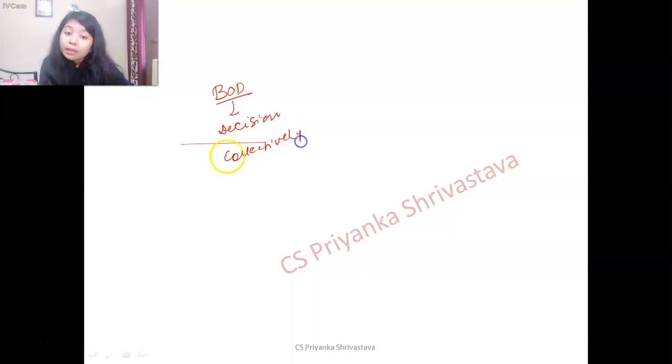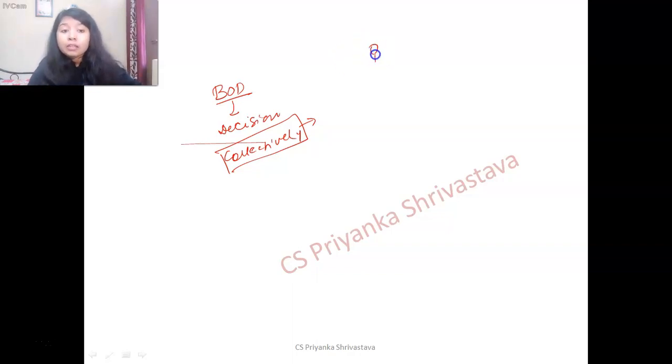What do you mean by collectively? That is, मिलजुल कर. Okay, in Hindi I am saying it, मिलजुल कर. So they have taken the decision all together by considering the vote of all the directors collectively in aggregate. They have taken the vote of each and every director.